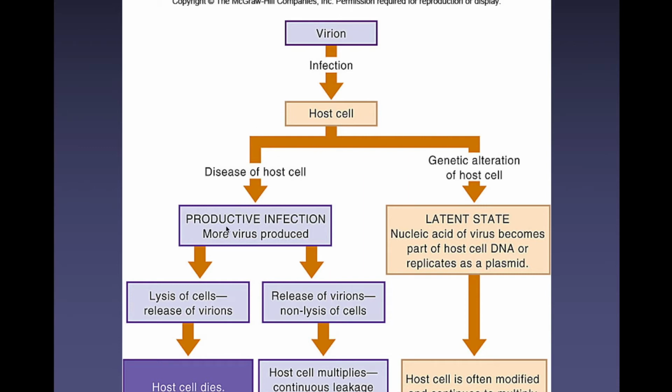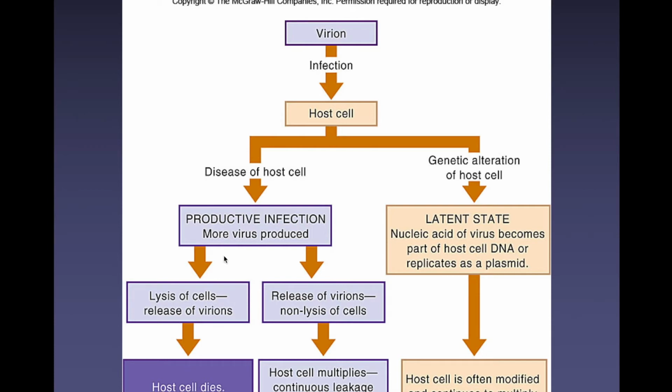So either it will lead to a productive infection where more virion particles are produced, or it will lead to a period of latency or a lysogenic stage where there's either no effect to the host cell, or the host cell can have genetic alterations where the host cell is modified. For over here, the productive infection, there is either a death of the host cell with lysis. This is the release of virion particles.